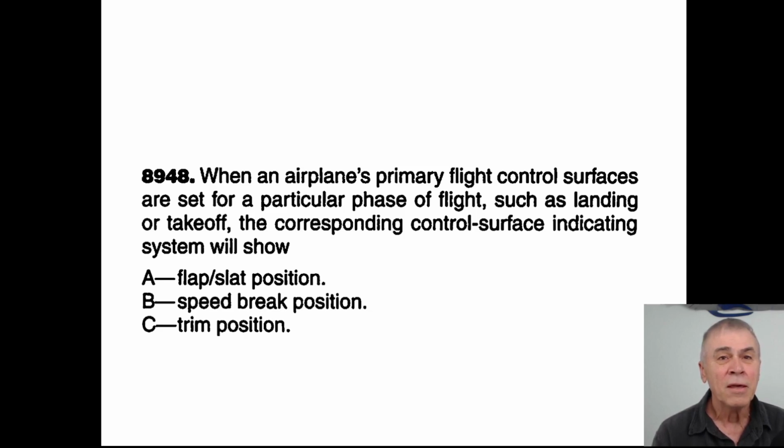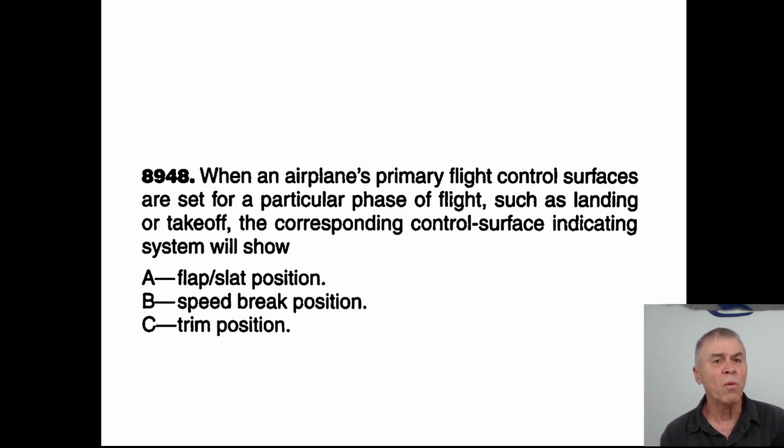So, what is that system going to show? A, flap and slat position, B, speed brake position, misspelled, or C, trim position?